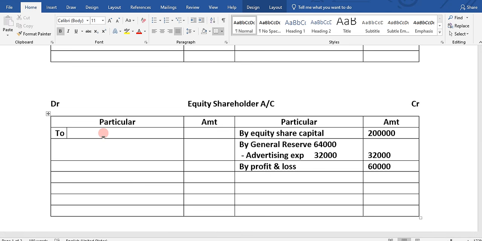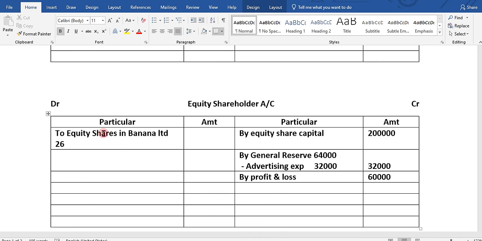To equity shares in Banana Limited, so equity shares were 2,600 shares at rupees 110 per share. So the amount is 2,86,000.